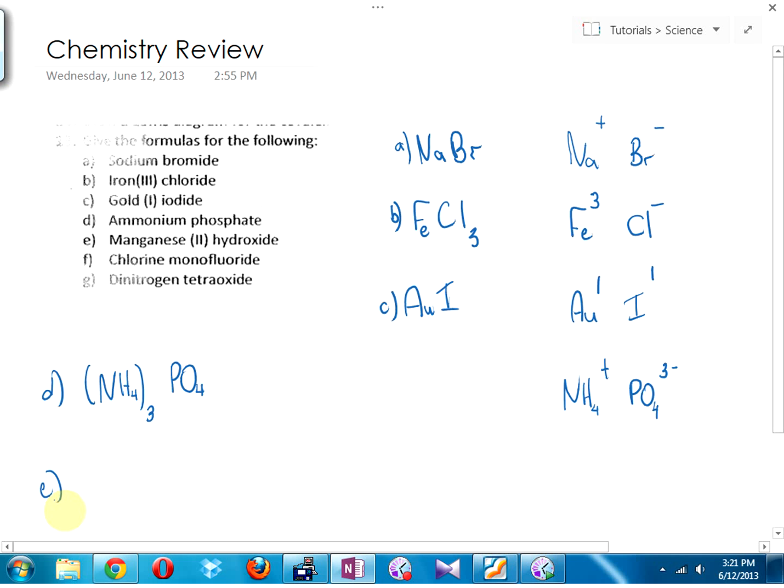E. Manganese, which I think is an element. What's the symbol for manganese? Is it M or Mg? Or Mn? I think it's Mn. I need a definite. It's Mn, and it's multivalent. Which one do they want me to use? 2 positive.